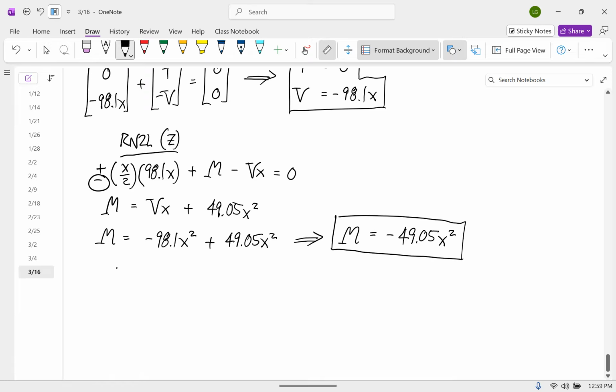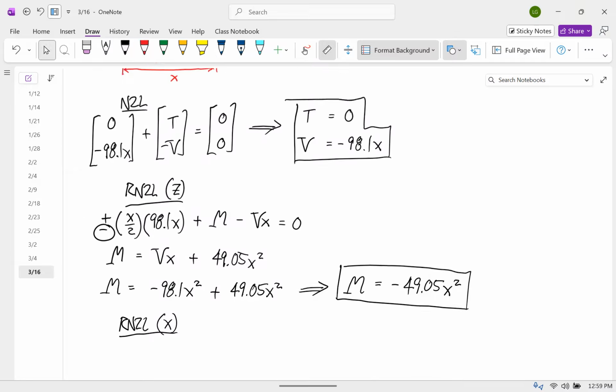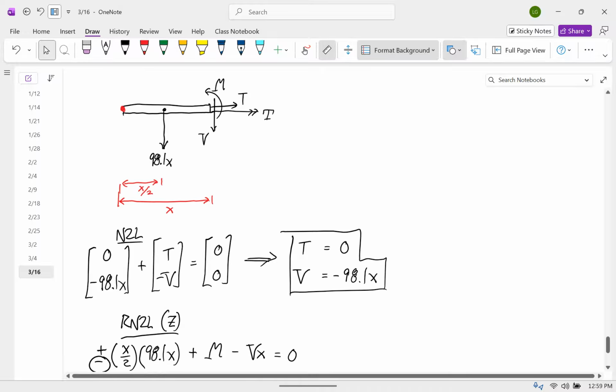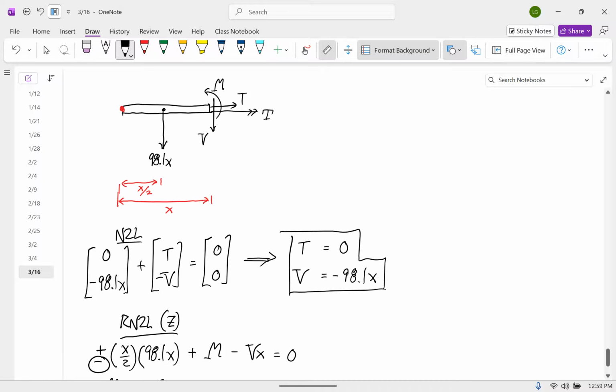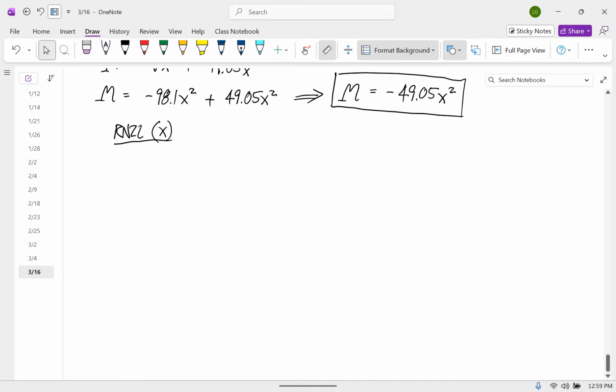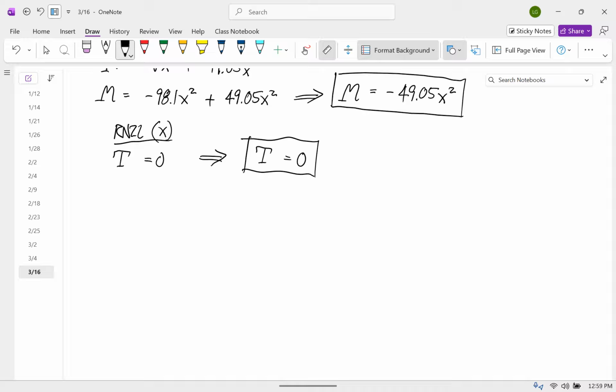And then we'll do the one about the x-axis. So the only moment we have about the x-axis is fancy t. That's equal to 0. So as we expected, the internal torque is equal to 0. Any questions about that?